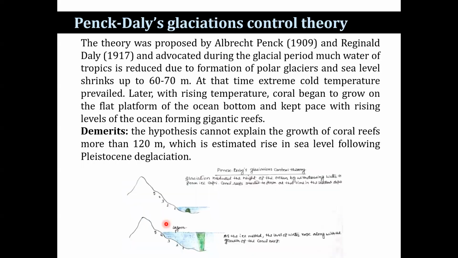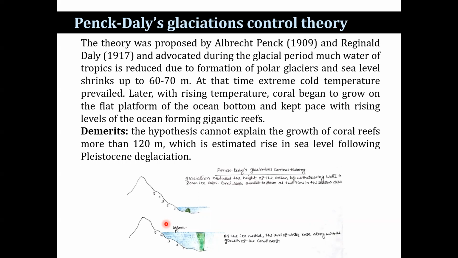Next theory, the Penck-Daly glaciation control theory. The theory was proposed by Penck and Daly, advocating that during the glacial period, much tropical water was reduced due to the formation of polar glaciers, and sea level sank by 60 to 70 meters. At that time, extreme cold temperatures prevailed.